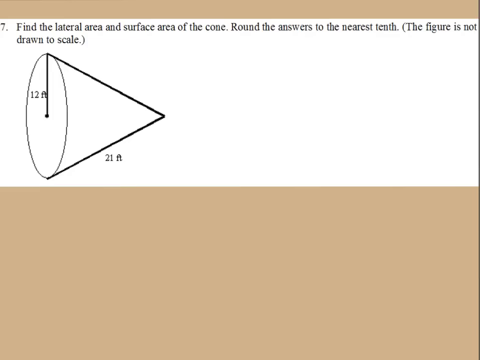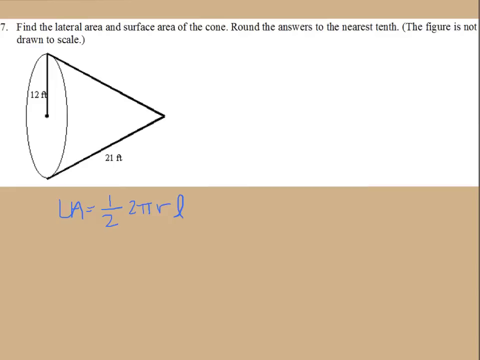All right, so here I'm going to be looking for my lateral area and my surface area of this cone. The first thing I have to do is figure out my formulas for lateral area and surface area. So lateral area is going to be 1/2 my perimeter, which in a circle is circumference, so 2 pi r, times my slant height.